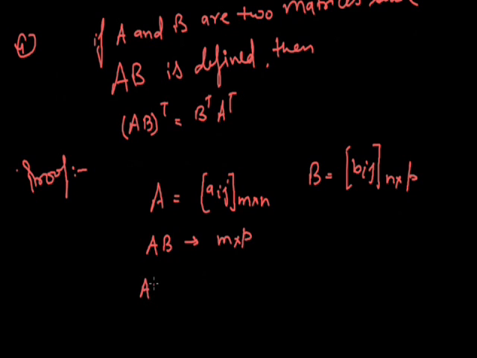So if we take the transpose of AB, the transpose matrix order is p by m. Now the A transpose order is n by m, and the B transpose order is p by n. In these two, multiplication is possible when B transpose is multiplied with A transpose.